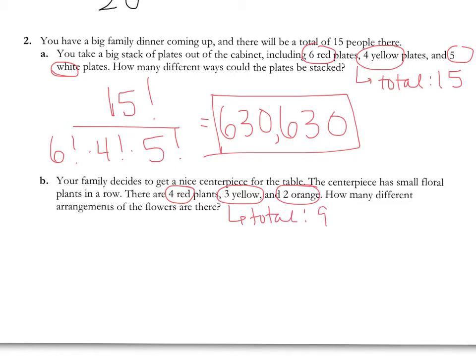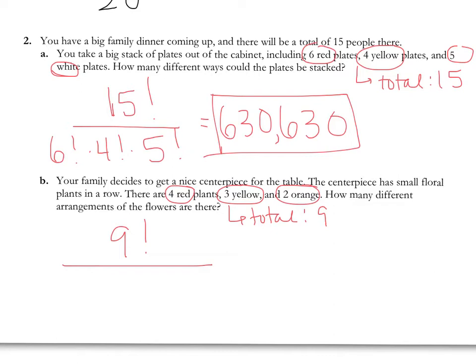So again, there are 9 objects being arranged in a row. So we start off with 9 factorial arrangements. And then we have to divide by some other factorials to get rid of the repetition that this number calculates by treating each of the 4 red plants as if they actually look different.